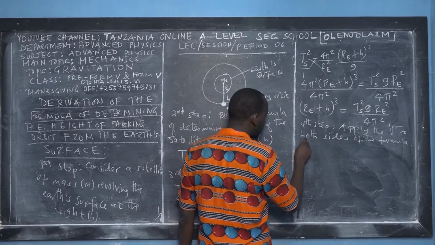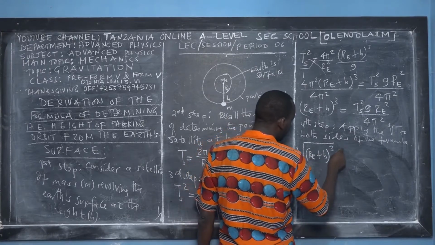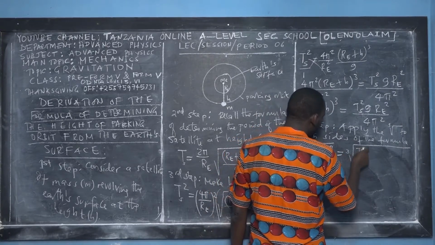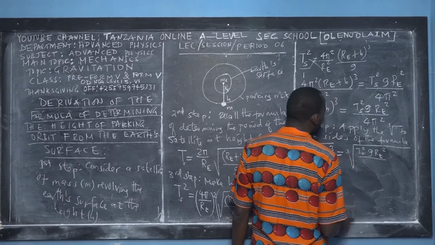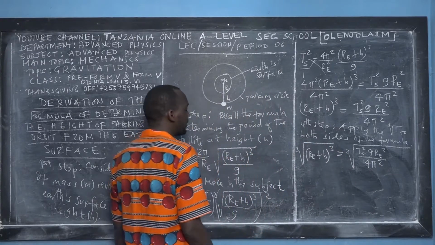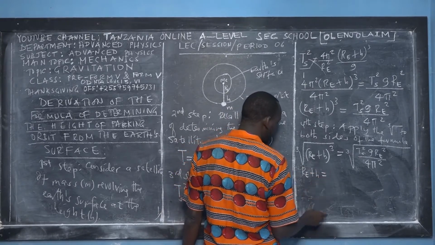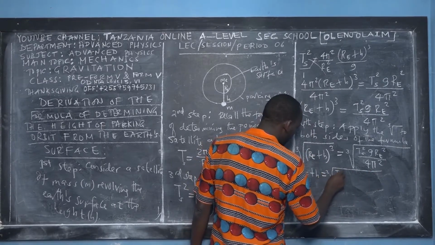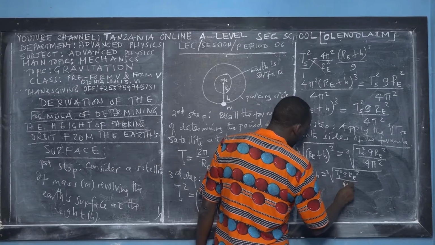It means we apply the cube root to the radius of the Earth plus the height h cubed, and we apply the cube root to the square of the period, acceleration due to gravity, radius of the Earth squared, divided by 4 pi squared. So we have the radius of the Earth plus h equal to the cube root of the square of the period of the satellite, acceleration due to gravity, radius of the Earth squared, divided by 4 pi squared.